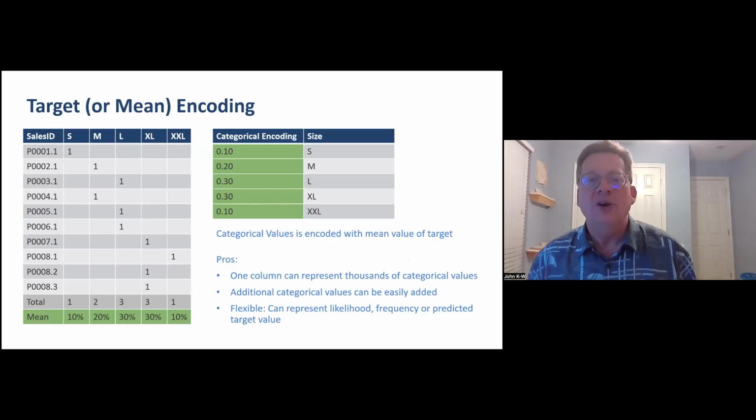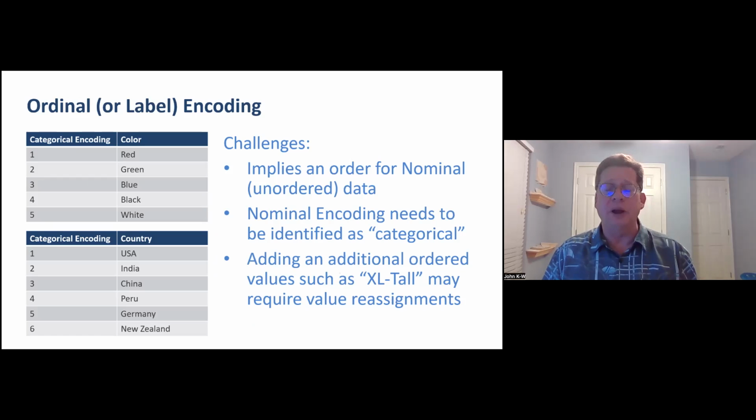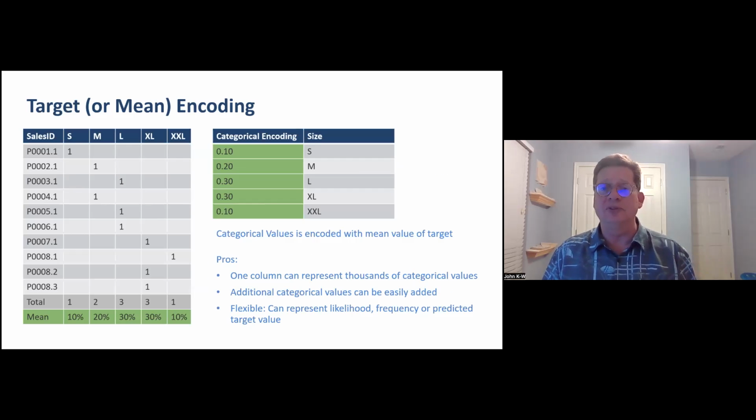So an alternate to the ordinal or label encoding method that only uses one column again is to use target or mean encoding, where you simply take the average of all of the various categories that you're trying to represent, come up with a percentage and assign that percentage to each of these areas.